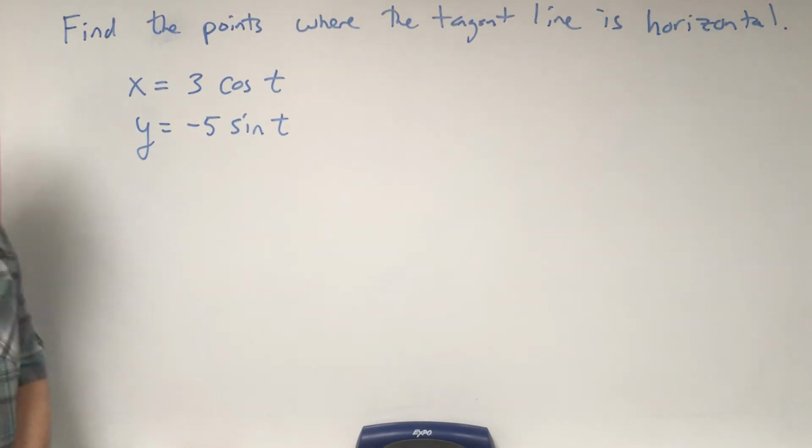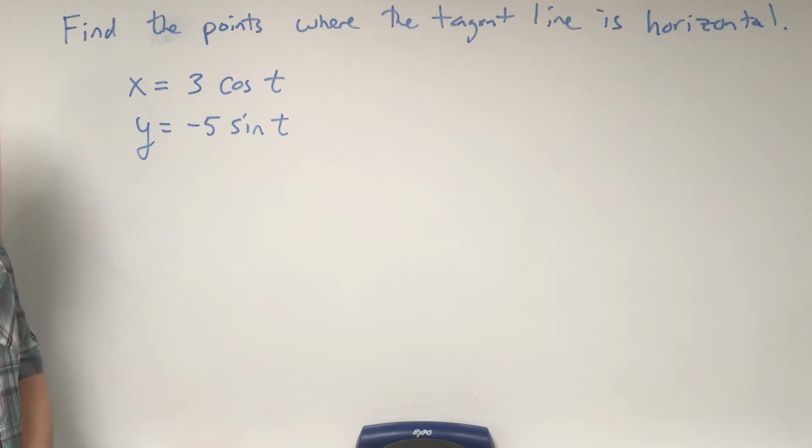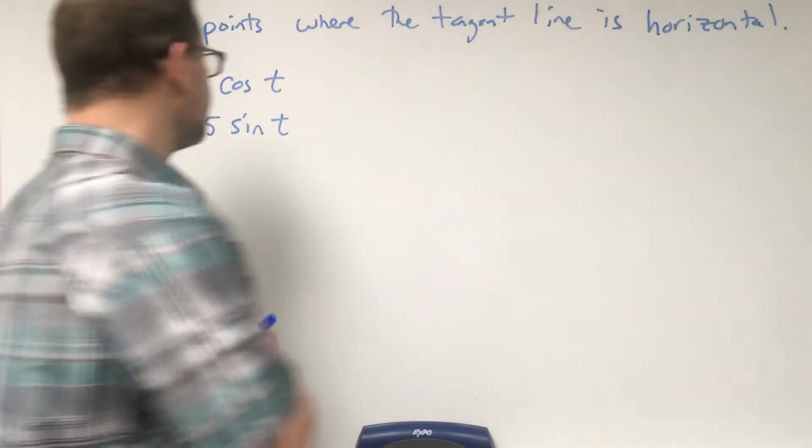You might correctly guess that this is going to somehow relate to circles or ellipses or something like that. And so it might be easy, based on familiarity with those parametric equations, to pick out those horizontal tangent lines and their locations. But let's do it using the techniques we just talked about.